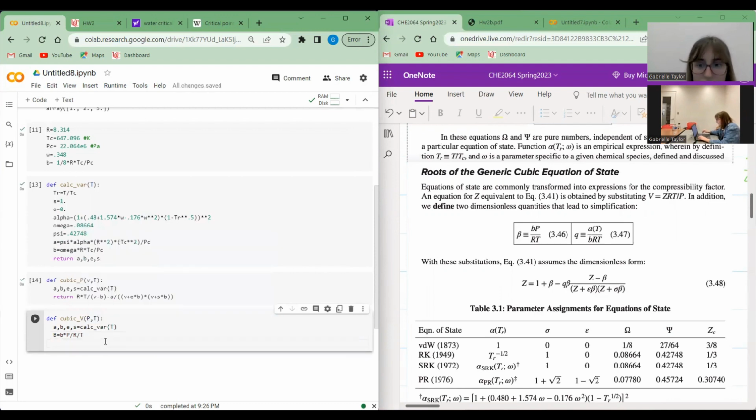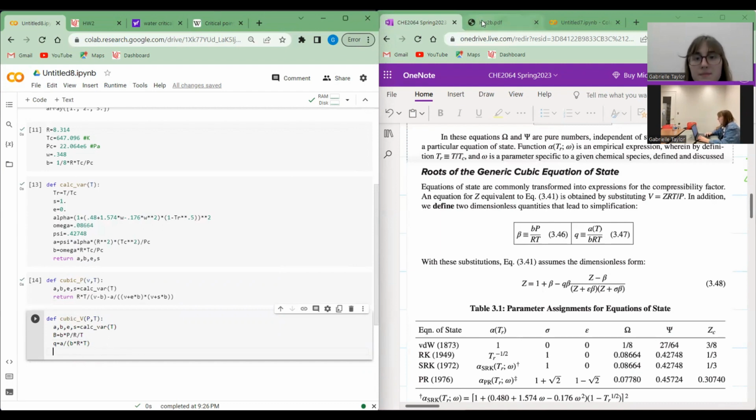And then our Q is going to be A divided by B times R times T. Okay, so we have our beta and our Q, and this is going to help us solve for our roots.